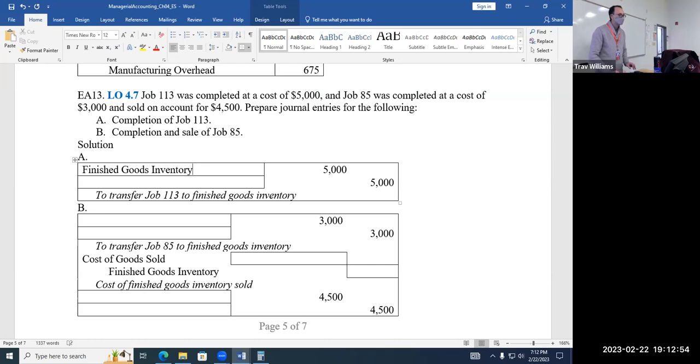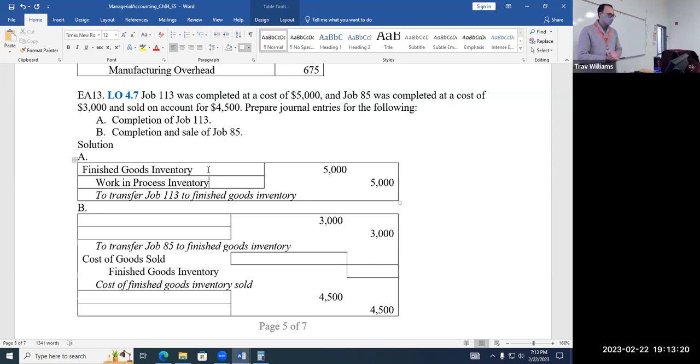But where are we transferring it from? Yes, work in process. Remember those three inventory stages? It goes from raw materials to work in process to finished goods.